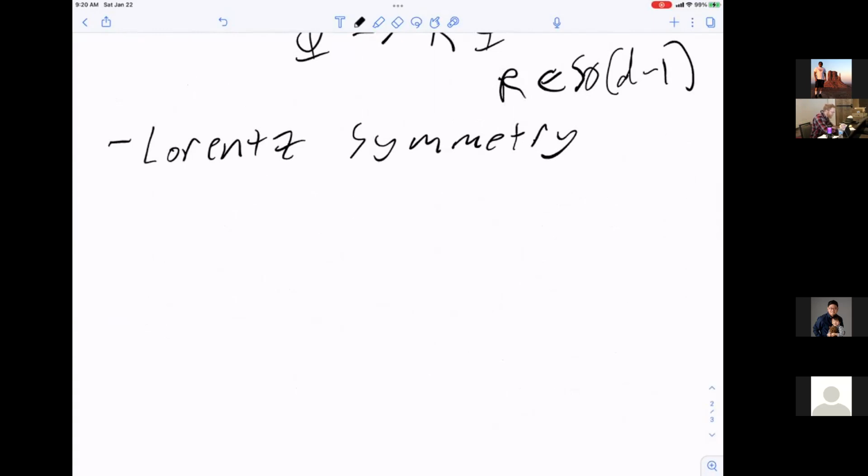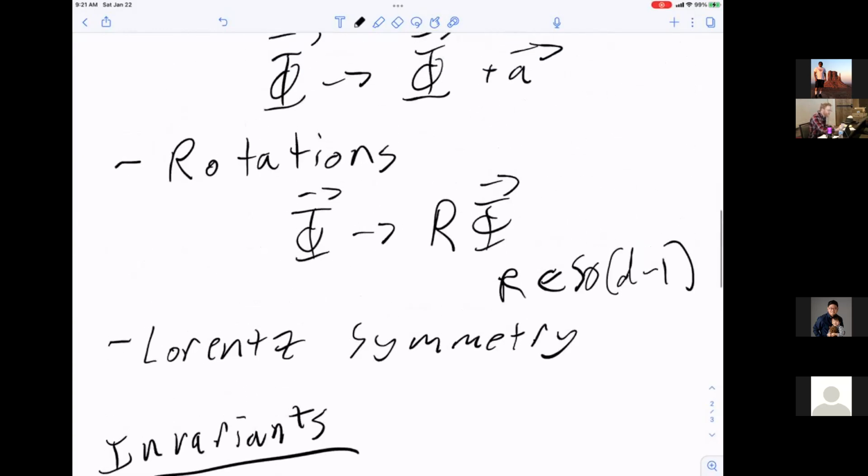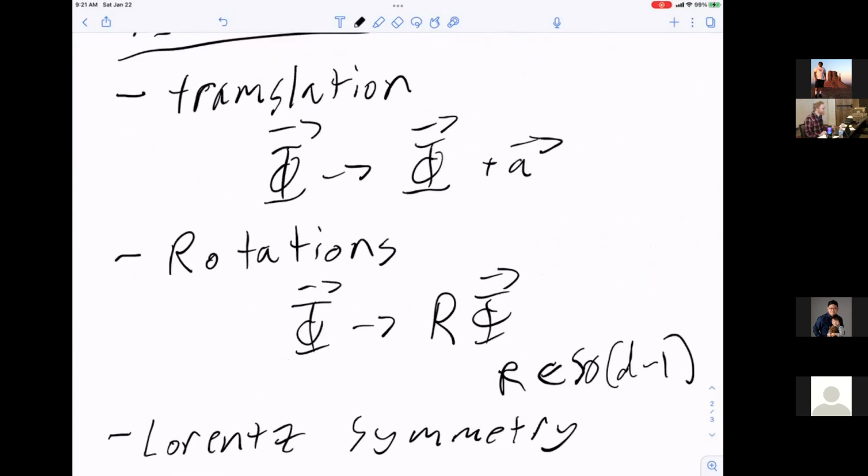So from my degrees of freedom, I can build invariants. And this is the most important thing about symmetries: once you have your symmetries, the only things that you should be thinking about are the things that are invariant under those symmetries. So the degrees of freedom I initially wrote down are clearly not invariant under those symmetries, right? I can translate them and I can rotate them.